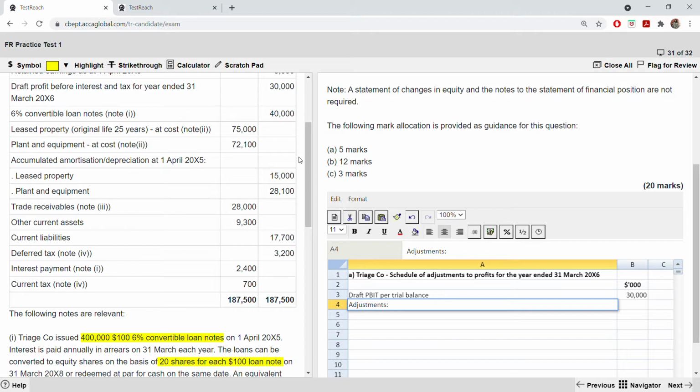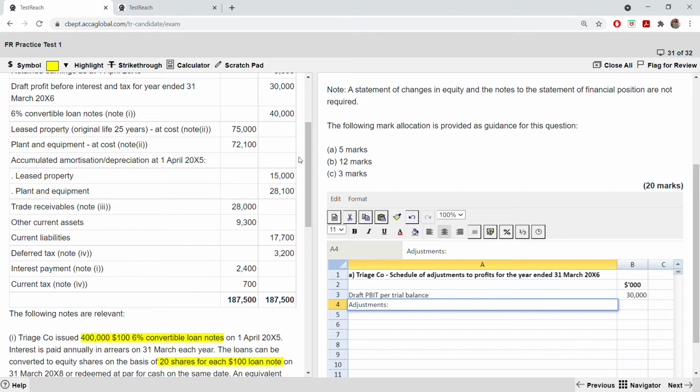So first is convertible loan notes. For convertible loan notes, you are not taking only loan notes. You are adjusting profit. You don't take loan in the profit adjustments, you take it in the balance sheet. So what are you taking for convertible loan? The finance cost. For convertible loan note, you have to pay an interest. That interest amount only you are taking. That interest you write it where? In the finance section, finance cost.